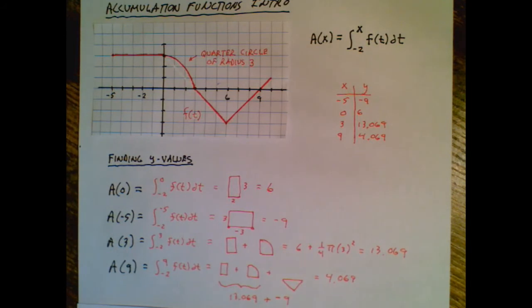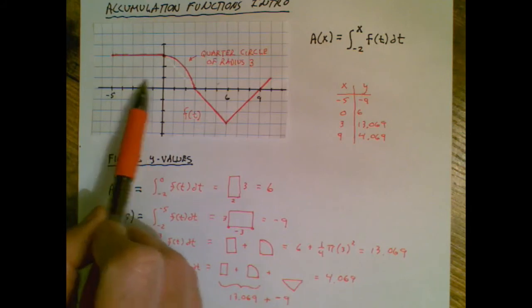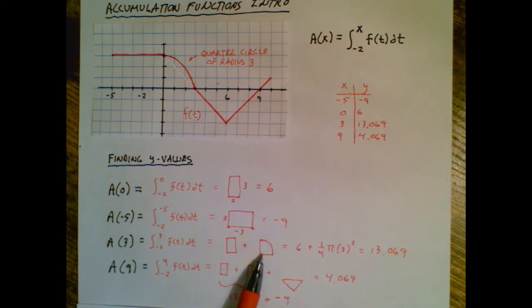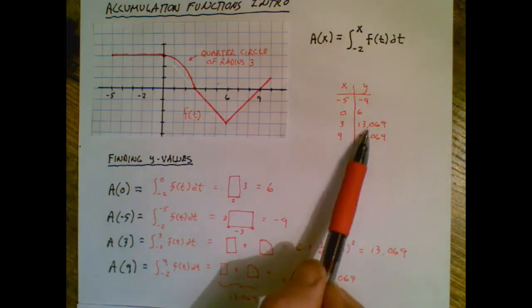So when you ask for A of 3, it's the integral from -2 to 3. Well, we already know the integral from -2 to 0 is this rectangle that we did earlier, so that's worth 6. This is a quarter circle, so 1/4 pi r squared. I do all that math and I get this y value.